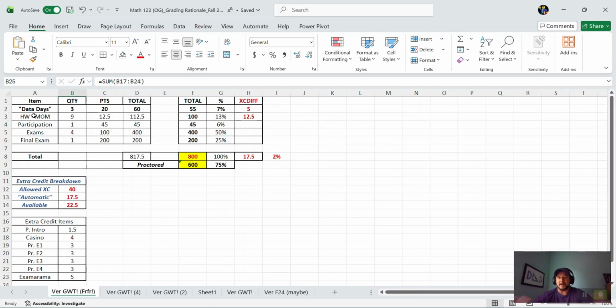You want to give them a variety of ways in which they can earn points towards the overall grade, because you are going to have students that might be bad test takers, and so they might not be 100% accurate in demonstrating their ability with the material, but perhaps they can make up for that by participating in the data days, or they can demonstrate that via the route of the homework. All right, so I like to give a variety of avenues in which students can earn their points towards their overall grade. I hope that's all making sense.